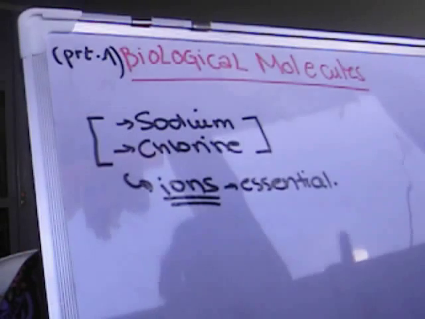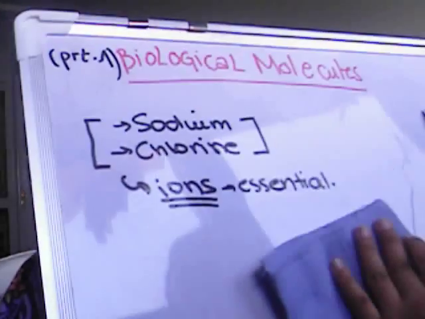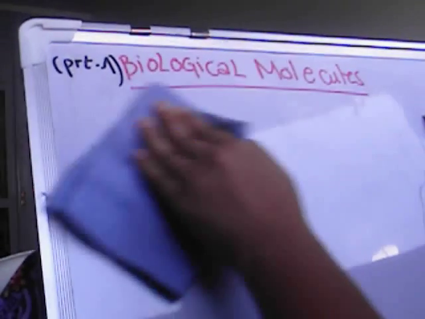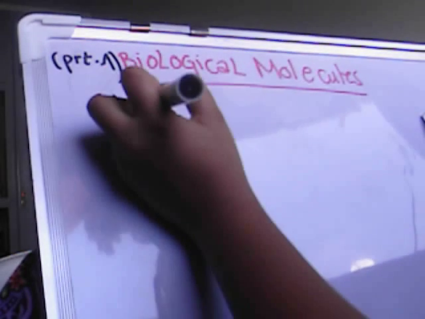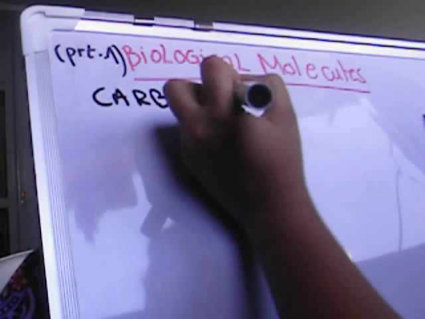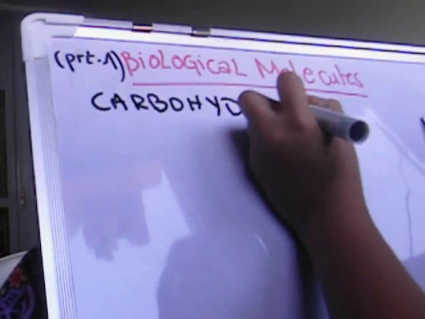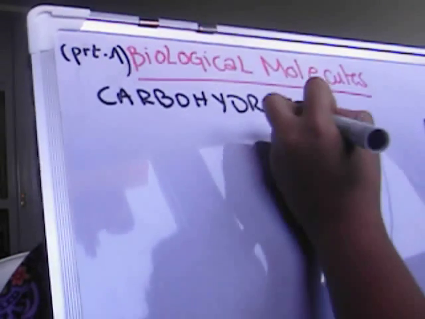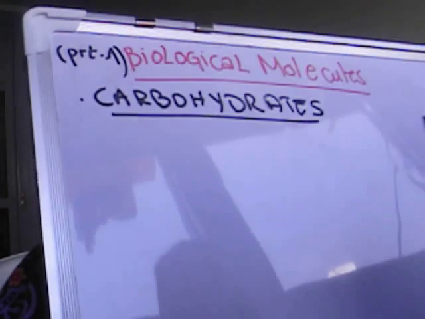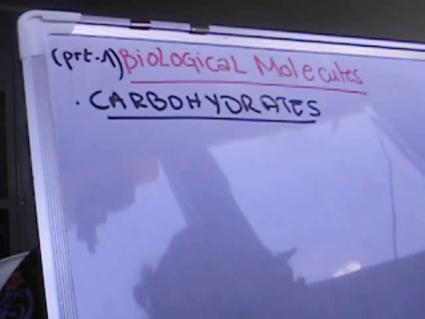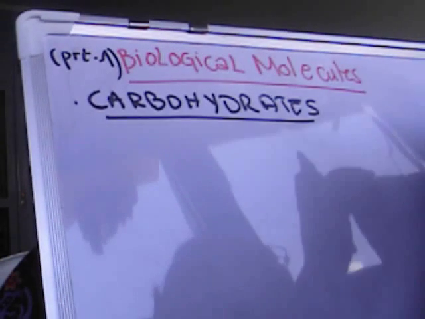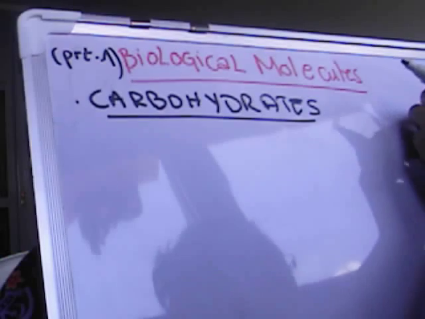Now we're going to talk about carbohydrates. Dear student, this will come up in the AS exam, and I'm sure about it, because it's one of the most important topics in the whole A-level preparation course.